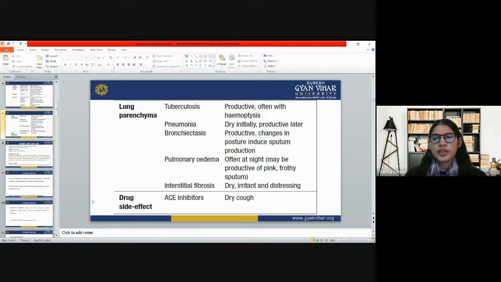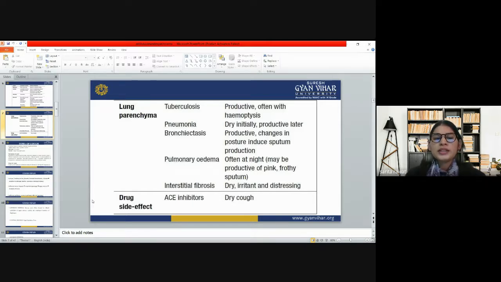Changes in posture increase sputum production. Pneumonia and bronchitis have the same problem. Then in pulmonary edema, cough is often at night and may produce pink frothy sputum. Then in interstitial fibrosis, a dry, irritant and distressing cough happens.